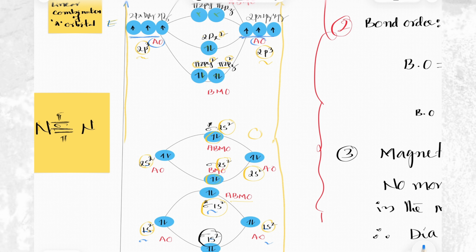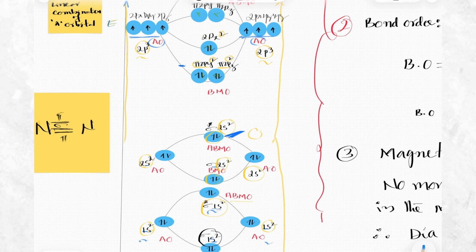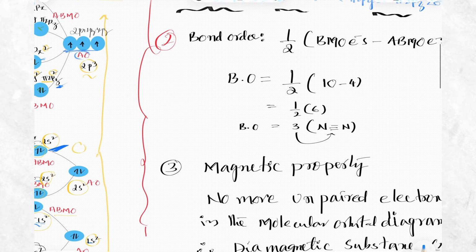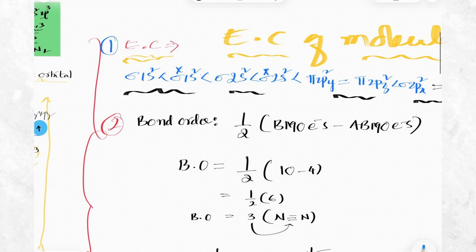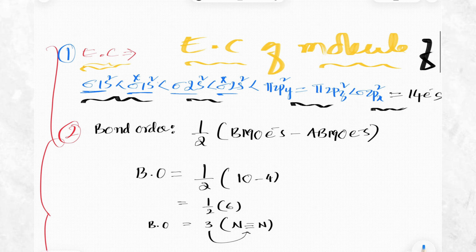See this one: sigma 1s2, sigma star 1s2, sigma 2s2, sigma star 2s2, pi 2py2, pi 2pz2, and sigma 2px2. That is the electronic configuration of the molecule, not the atom. We write from lowest energy to highest energy, moving upward like this.